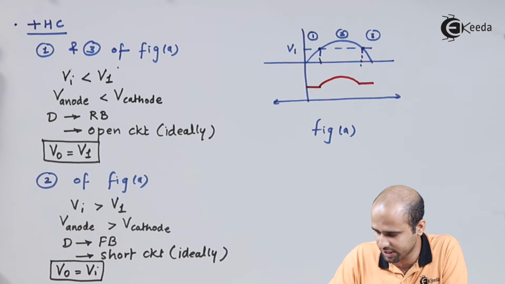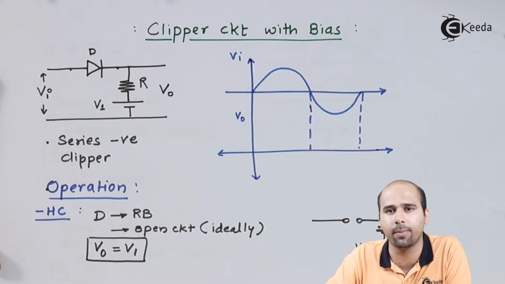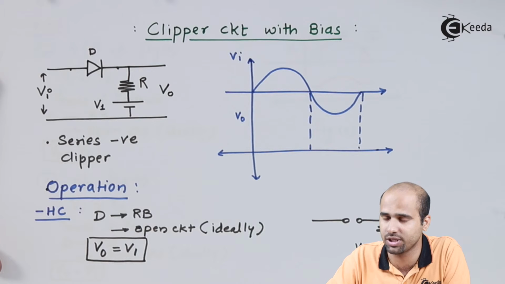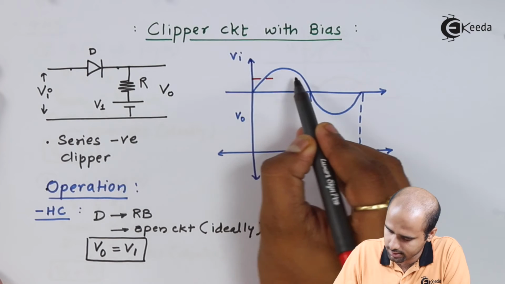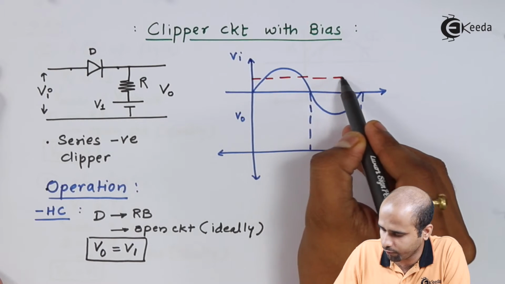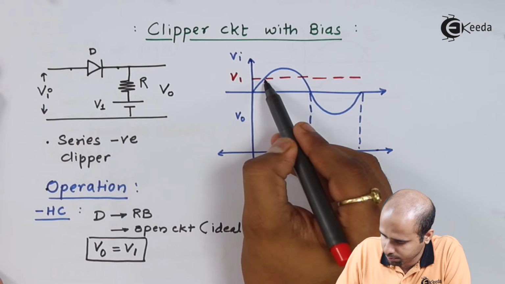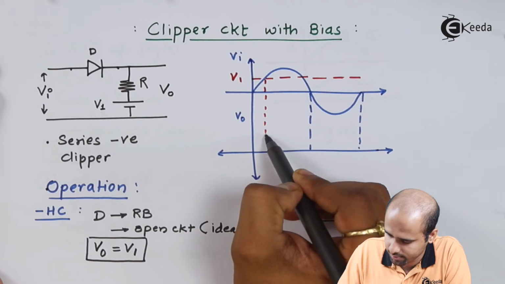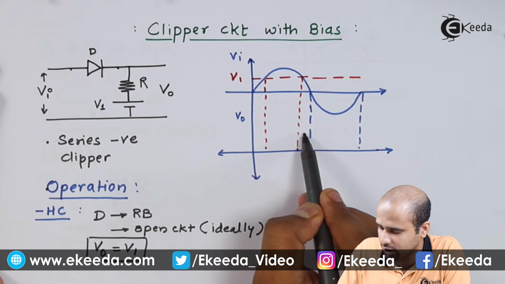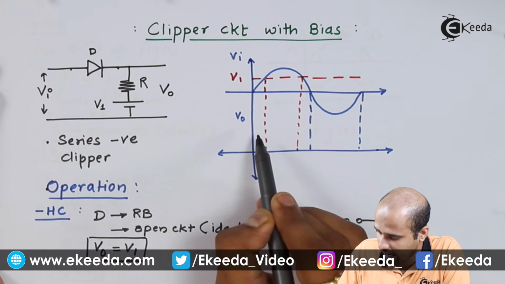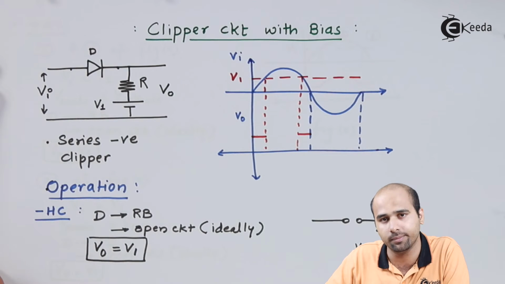If we combine the positive and negative half cycles, we will draw this combined waveform of the output signal here. Let us see, this is your V1. If this is V1, we'll just project it on the x-axis. For the first and third parts of the positive half cycle, I am getting the same value as V1.